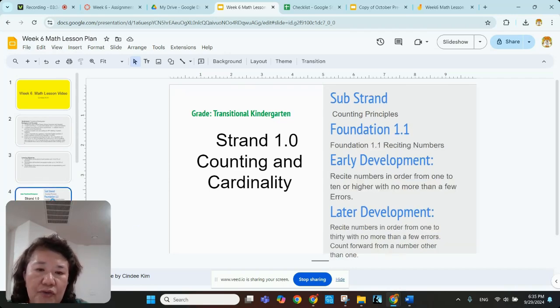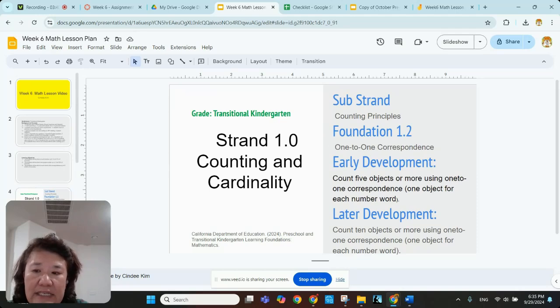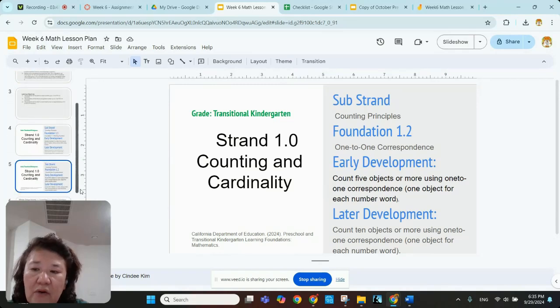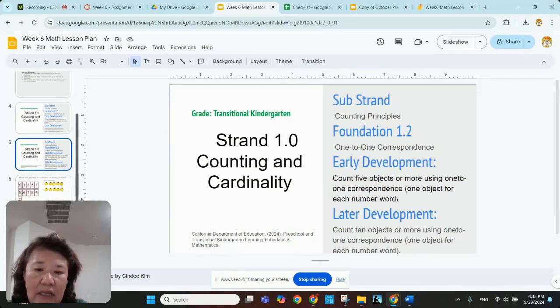There are 2 development levels, early and later. For this lesson, I want to focus on early development because, as I mentioned earlier, not many students are able to do later development.